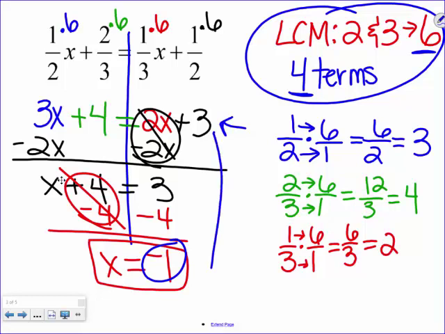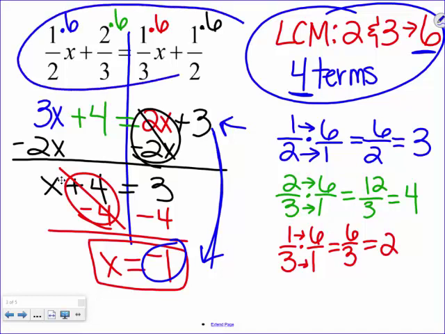We've spent a few days on that. So chances are, if we made a mistake, it's not in this process, it's in this process right here. And by plugging this answer back in right here, it doesn't check to make sure that these are done correctly. So yes, you can plug it into our whole number equation, but we're still not checking to make sure we got rid of the fractions correctly.